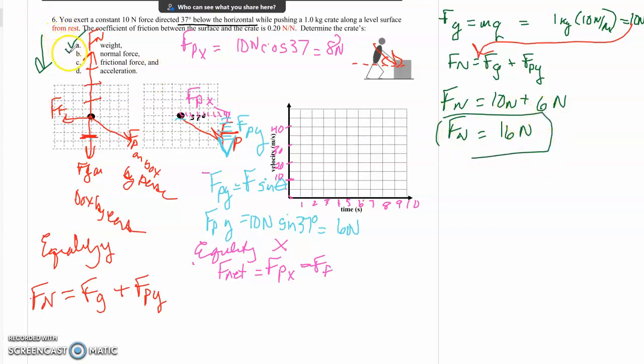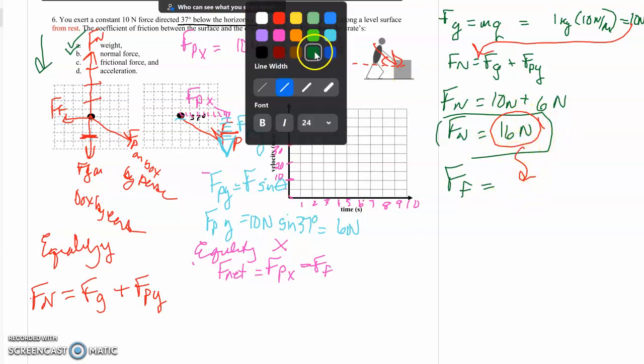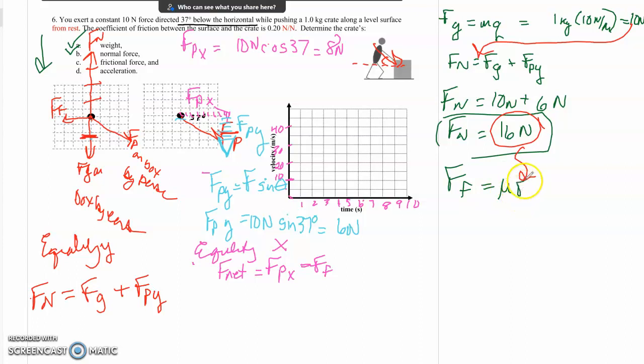All right, so boom. The frictional force, now remember, what did I tell you it was likely to do? It was likely to have you find something and use it. Okay, so let's see, mu force normal, yeah? So mu is 0.2, normal is 16, so force friction then should be what?